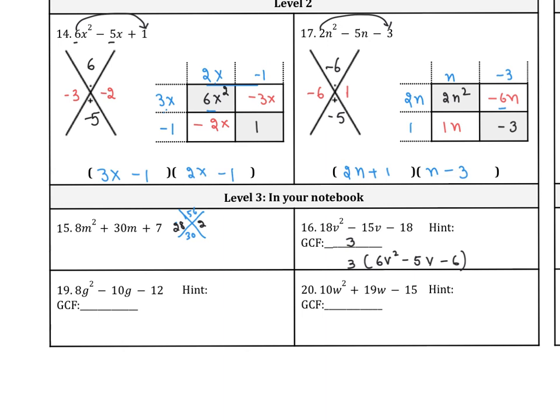Similarly, for number 19, you take the GCF out, which is 2. Inside you get 4g squared minus 5g minus 6. For 20, there is no GCF, so you just make the cross and a box for this one.